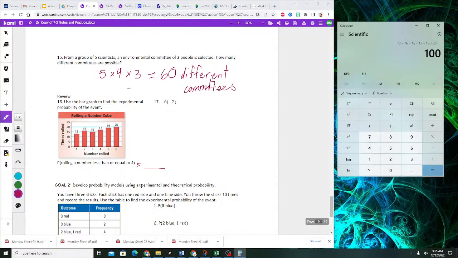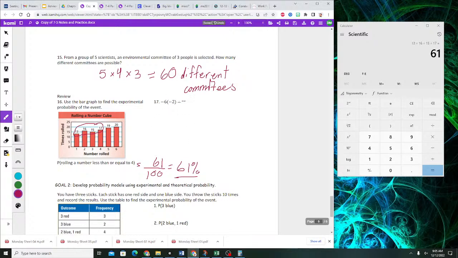So there's 100 possible outcomes. Out of that, we want numbers less than or equal to 4. So we want these 4 right here. So we're looking at 13 plus 16 plus 15 plus 17, which gives us 61. So we're looking at 61% as my experimental probability.